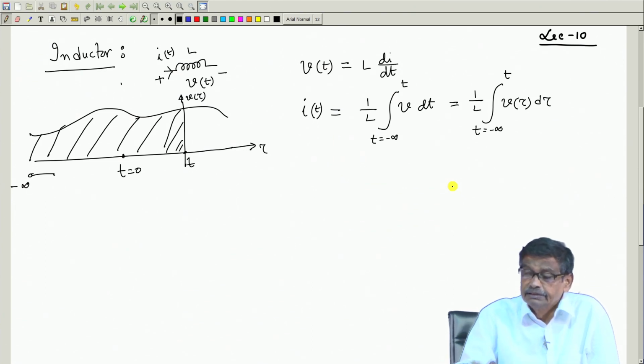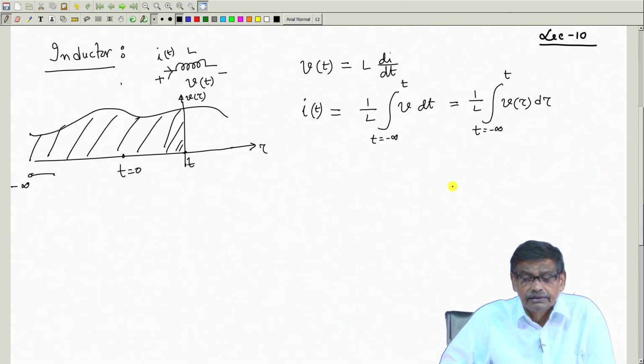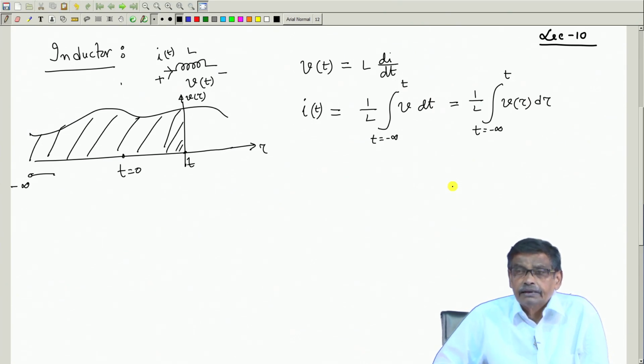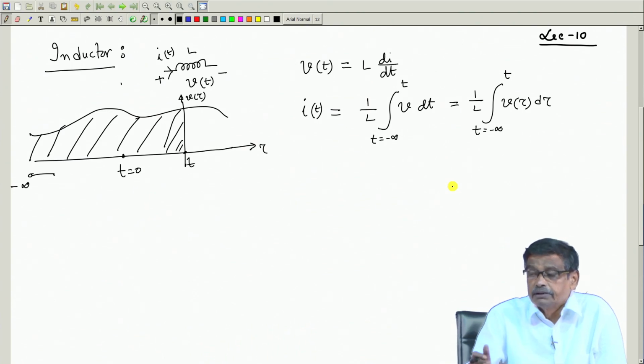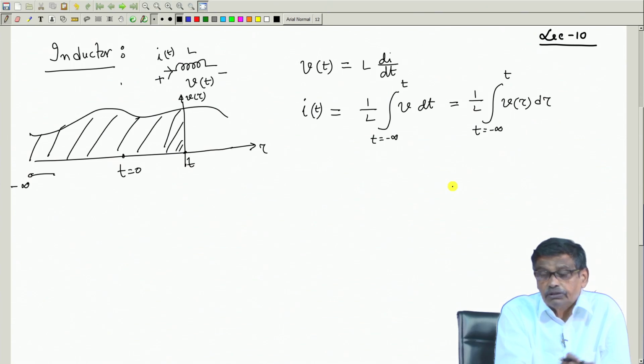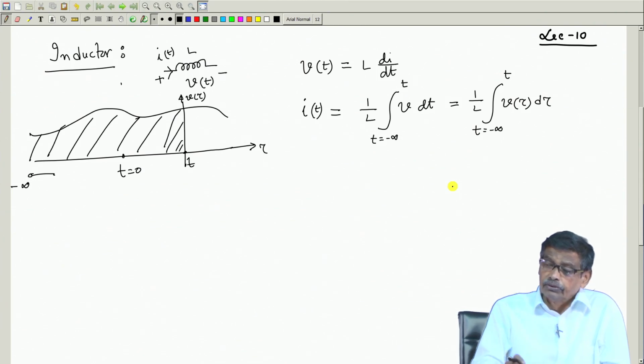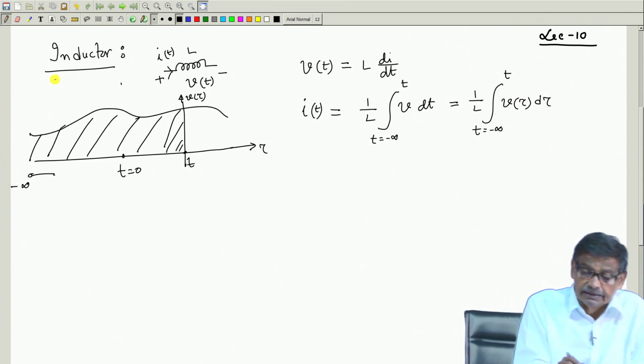Therefore, inductor is said to be a device or an element with memory. It remembers how you treated the inductor previously, with what kind of voltage. So, inductor is a device with memory.